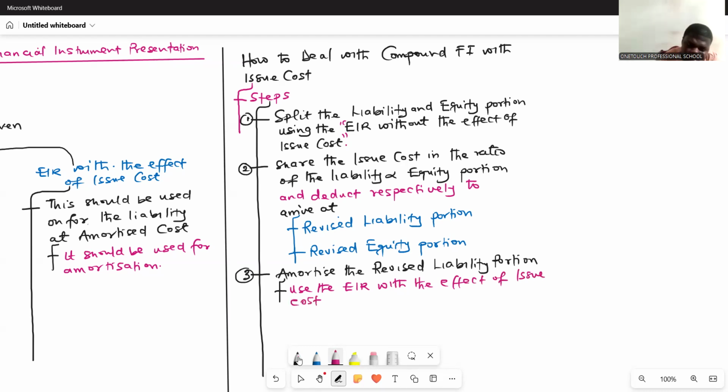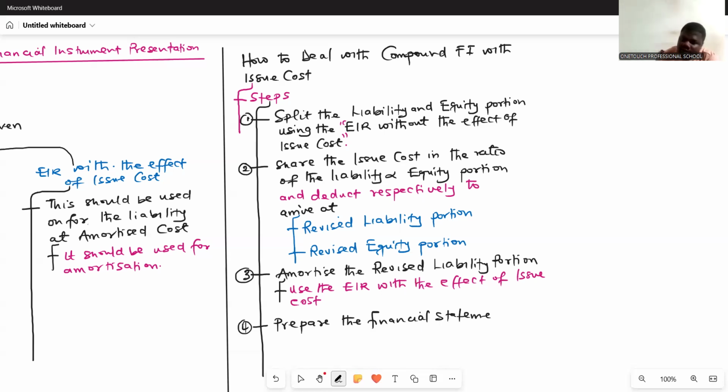Then the normal way, we now prepare our income statement and financial position extract.